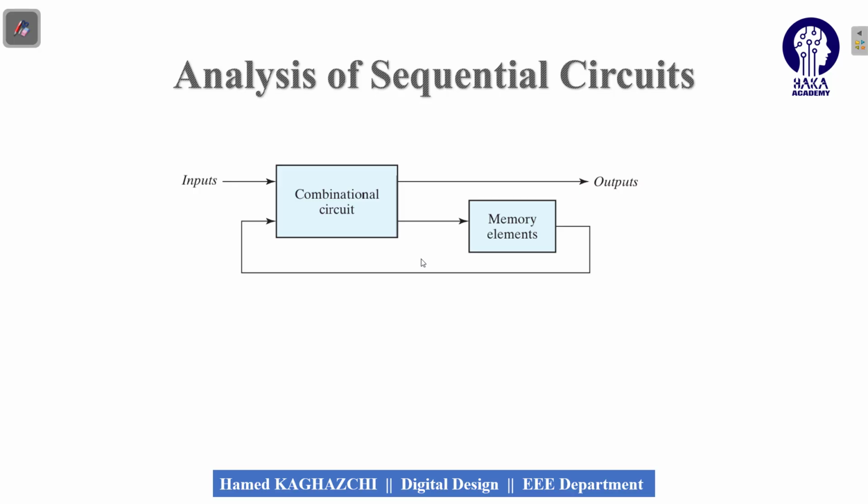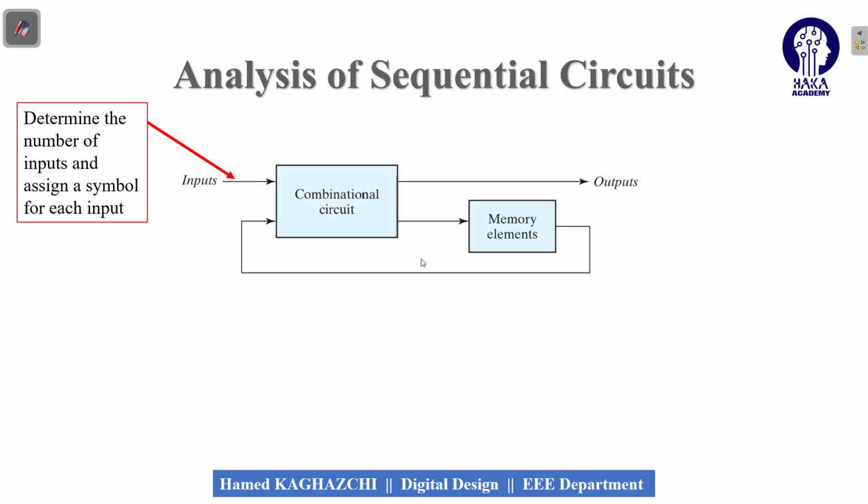Okay, first of all, we have to determine the number of the inputs and assign a symbol for each input. Suppose that we have the sequential circuit. First of all, we have to determine the inputs.